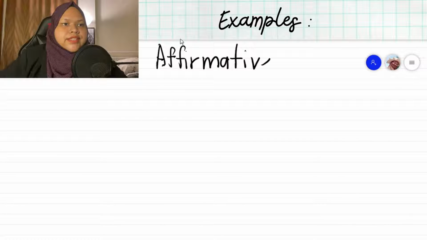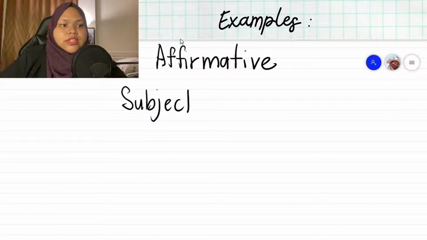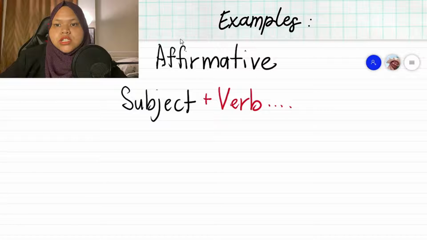For affirmative sentence, you need a subject, mesti ada subject, and then you need the verb. Pas subject, perlukan kata kerja. Then you continue a sentence as usual, sambung dengan pelengkap ayat, or we call this object previously, SVO, subject, verb, object.